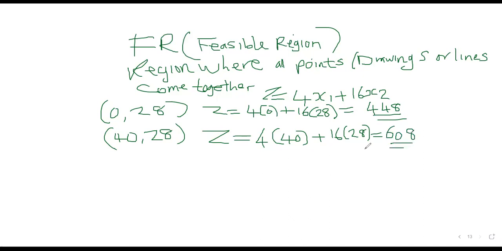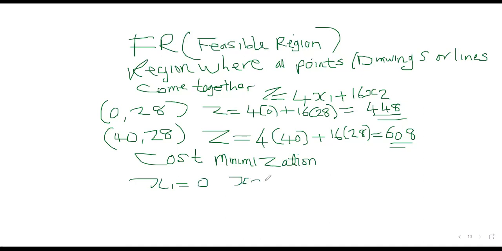So under cost minimization, we are simply saying our x1 is equal to 0, x2 is equal to 28, and our Z is actually equal to 448, the minimum.